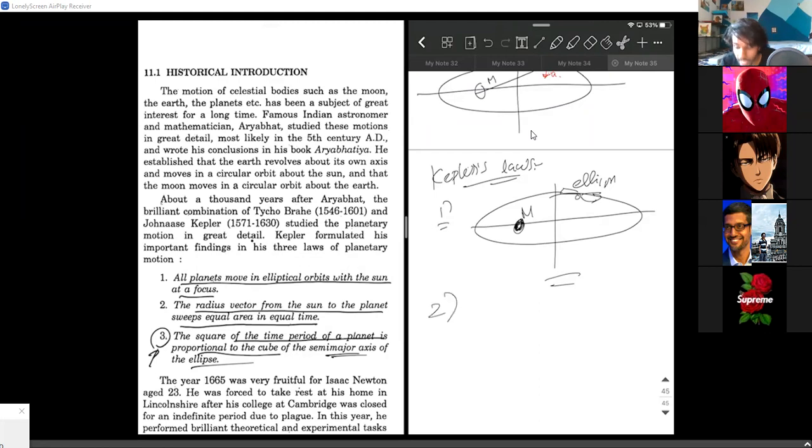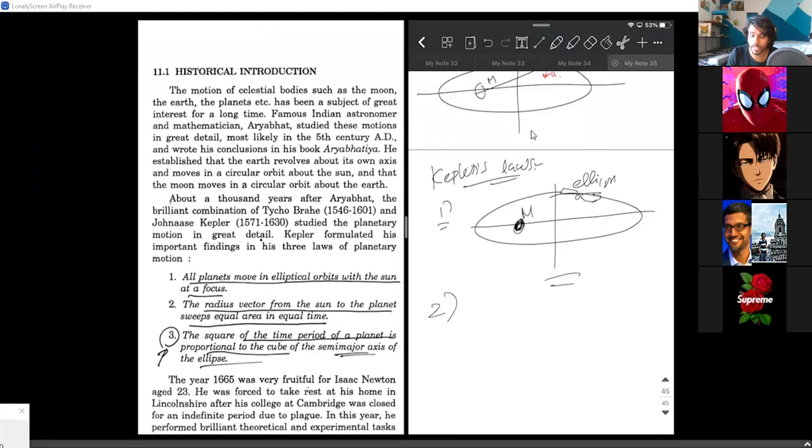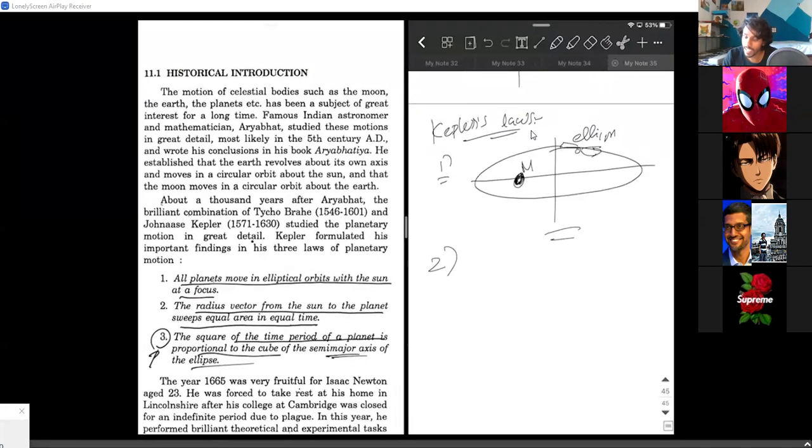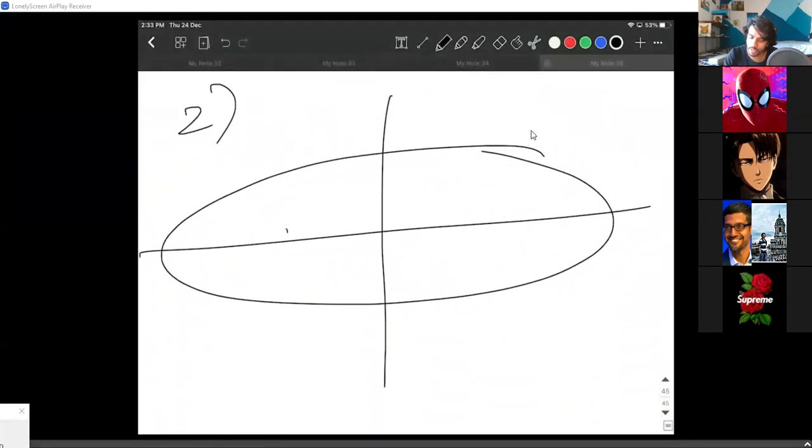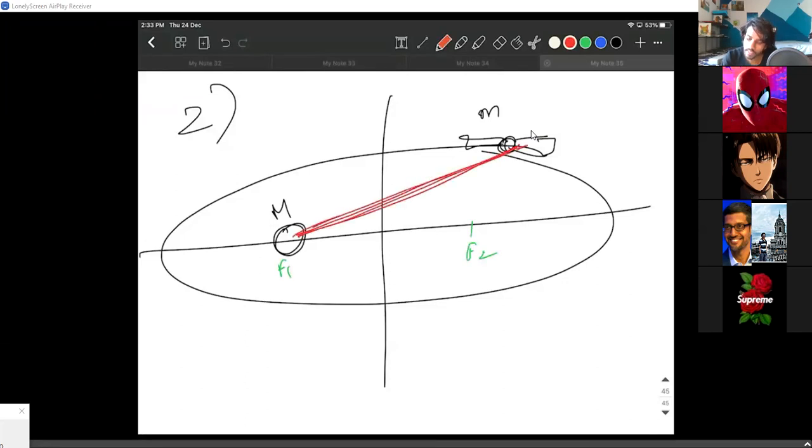Talking about the second law: the radius vector of the sun and planet sweeps equal areas in equal times. We've only taken the statement, but we didn't really prove it. Let us talk about a satellite going in an elliptical path, and it says this vector, F1, F2, sweeps equal areas in equal times.